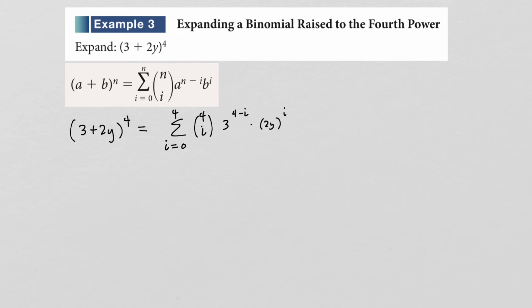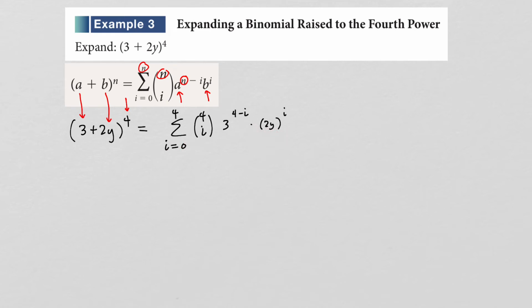So you have to substitute a equals 3 and b equals 2y into here and here, in addition to letting n, in this case, be equal to 4. Now you can go ahead and expand this out by plugging in i equals 0, 1, 2, 3, 4.